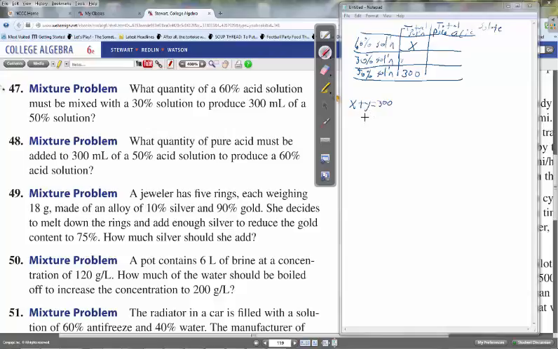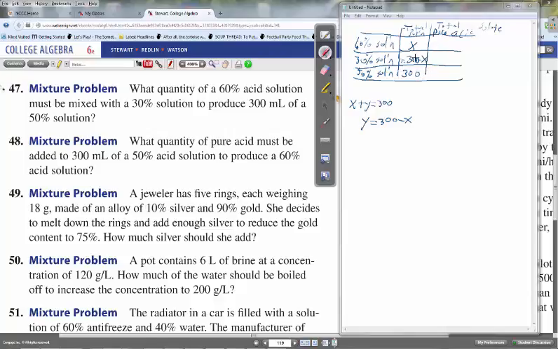Well, that means I really don't need a Y as my variable, because I can just express that one as 300 minus X. In this column, which is actually going to solve our problem for us, I'll tell you why in just a second.